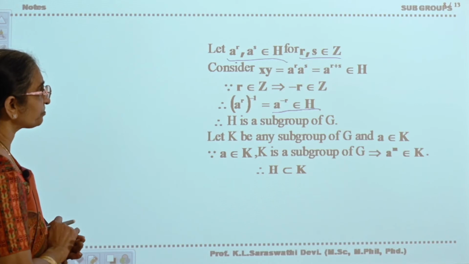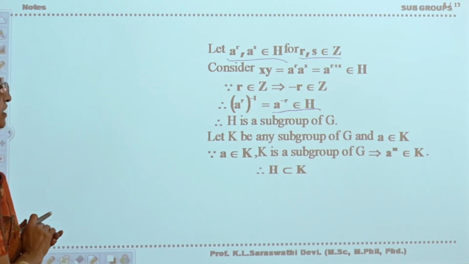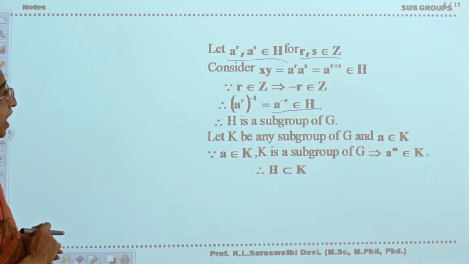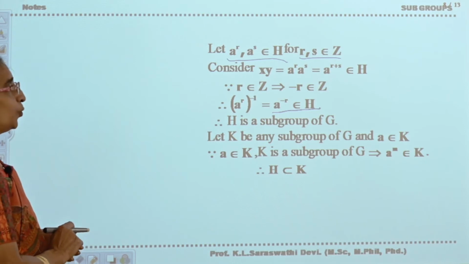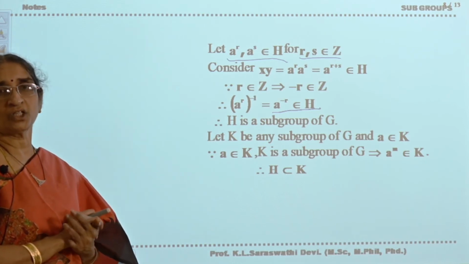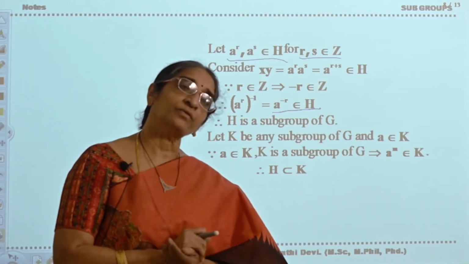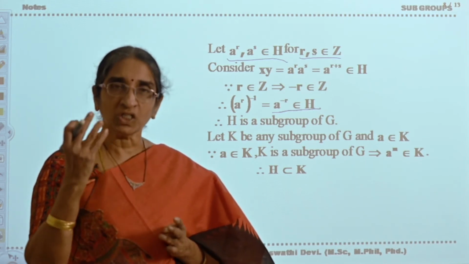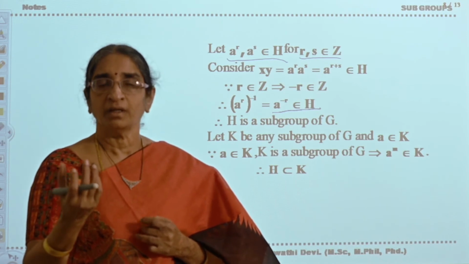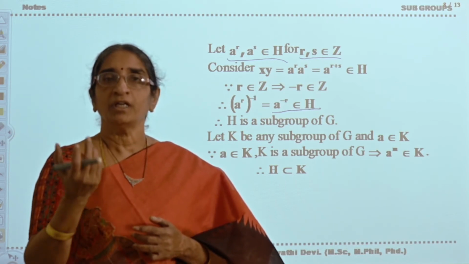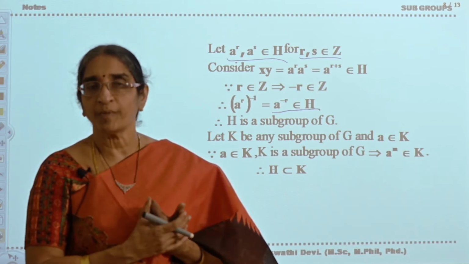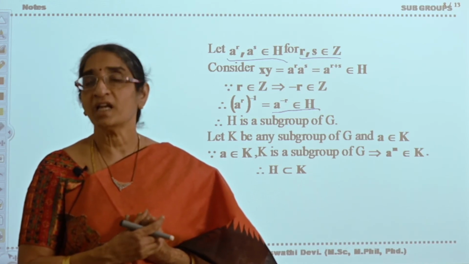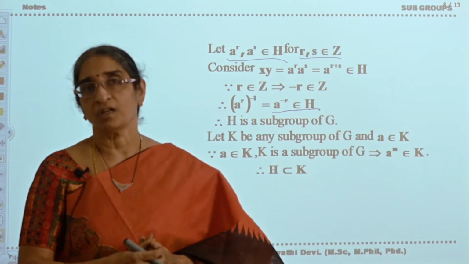That means if you take A power r into A power s, and A power r whole power minus 1, they belong to H. Here, what is the necessary and sufficient condition you have used? According to the first necessary and sufficient condition, if H is a non-empty subset of G, H will be a subgroup if in H the closure property is satisfied and every element of H possesses its inverse.